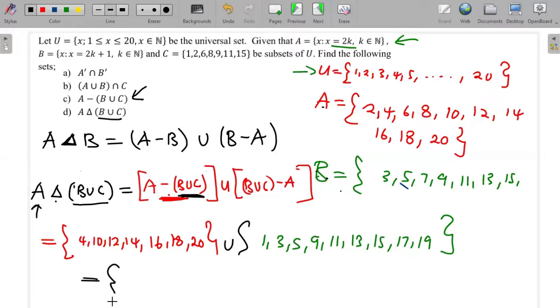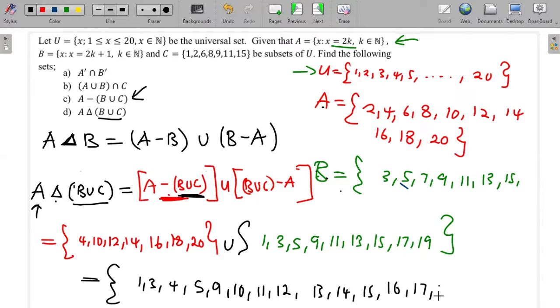So that would just be 1, 3, 4, 5, 9, and then 10, 11, 12, 13, 14, 15, 16, 17, 18, 19, and then 20, which is just the same as the universal set. Okay, so that is the symmetric difference there.